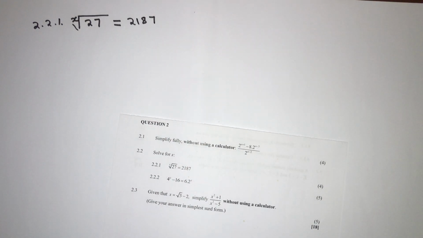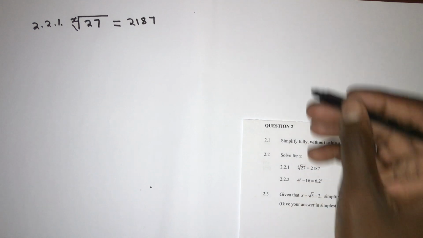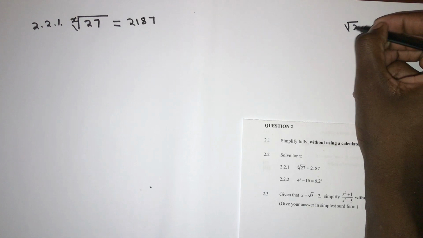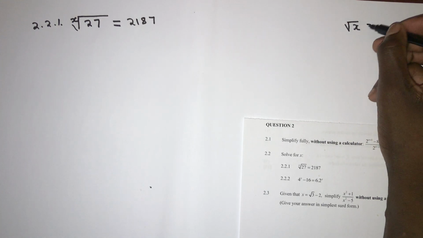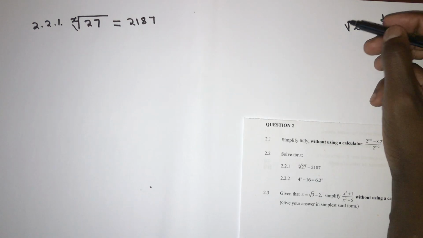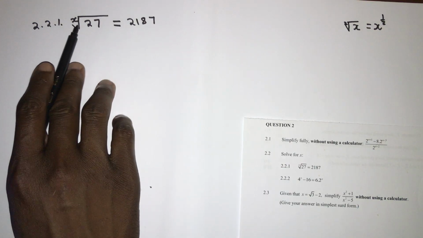This is the first question. So what do we need here? We have the square root. So the square root, it means that, for example, the square root of x is the same as x to the power 1 over 2. Why 1 over 2? Because here there is 2. Just like that. So that's what we need here.